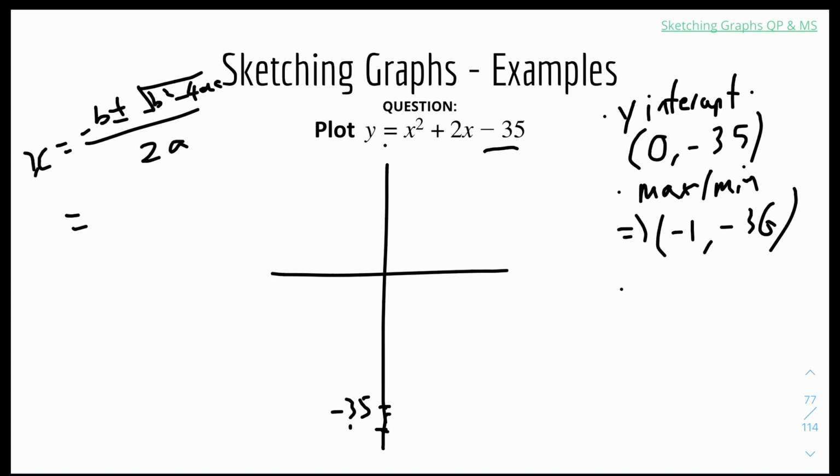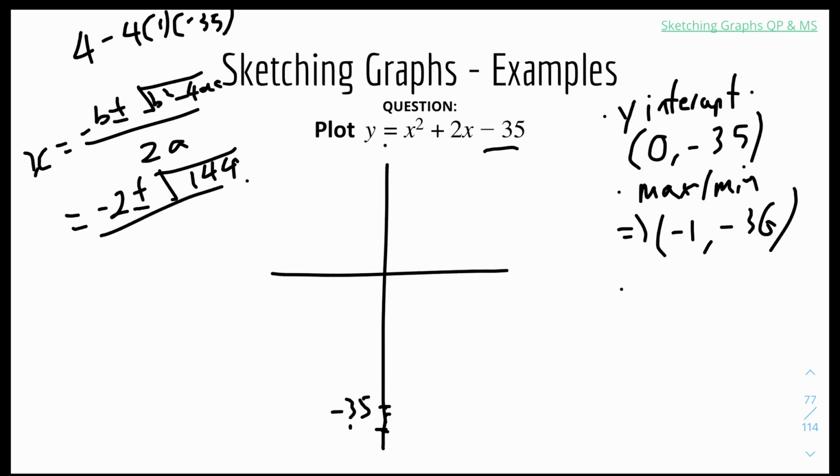You can just put this into a calculator, but I don't have mine right now, I only have my phone's calculator, so let's just do this the long way. b squared will be 4, minus 4ac, which is 4 times 1 times minus 35. 4 times 35 is 140. So it will be 4 plus 140, which is 144, over 2a.